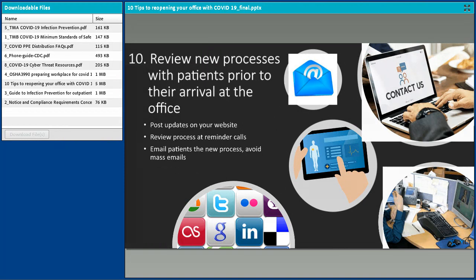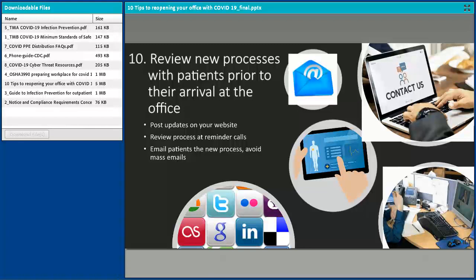Tip number 10 is you want to review your new processes with patients prior to their arrival at the office. You want to consider posting updates on your website, perhaps reviewing the process at the time of reminder calls, or emailing patients with your new process.